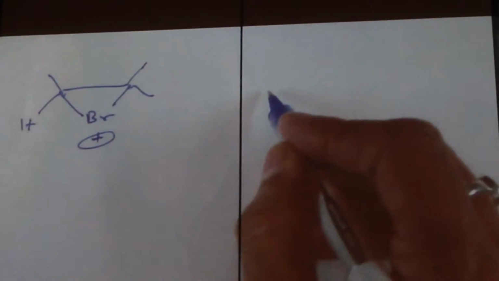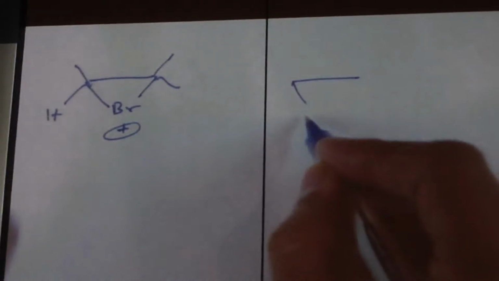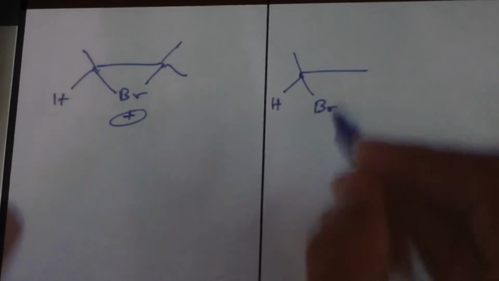Okay? And an alternate structure could have been that the bromine is attached to only one carbon.